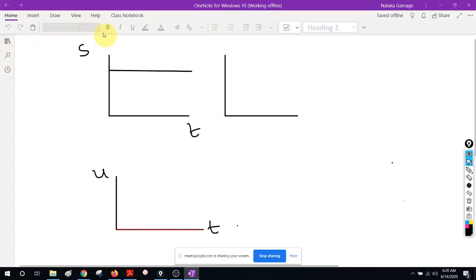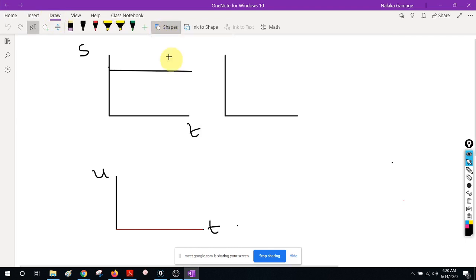Okay, so let's get it again. So assume that now he is moving at a constant speed like this. I assume that initially he is near me. And now you can see gradually he is moving away when the time passes by.